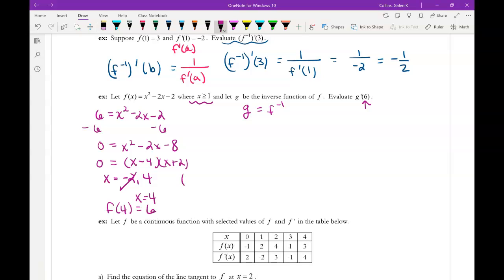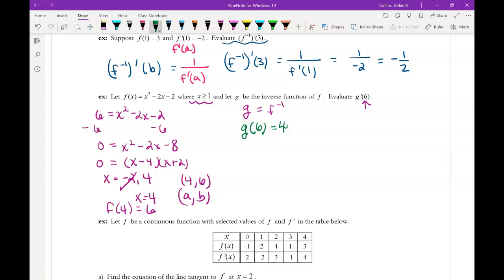Therefore, I could think of this ordered pair (4, 6) like my (a, b). And I know on my function that is the inverse that g of 6 is going to give me 4, for example. All right, so we now know the x value for which f of x is 6.